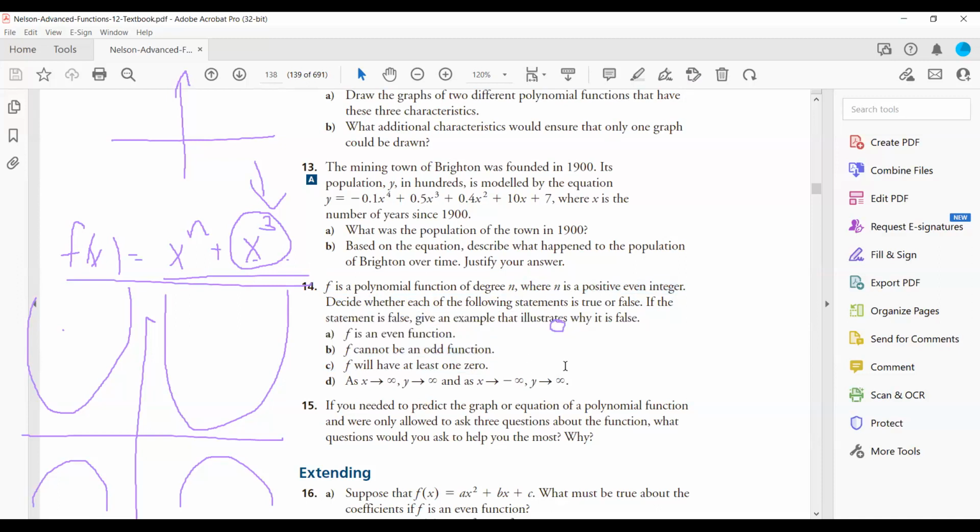This is false. f can be an odd function if n is an odd number, and if we don't have any other even degrees in the function. So question B is false. f can be an odd function. And question A is false. f could be not an even function. Now it's clear?